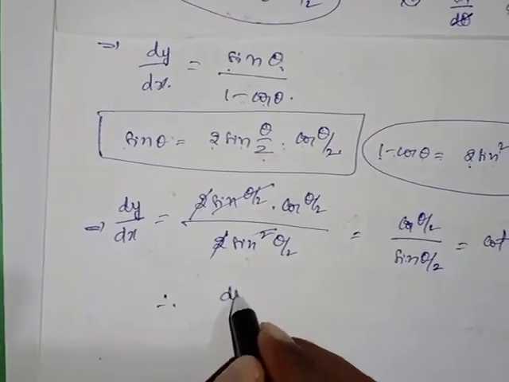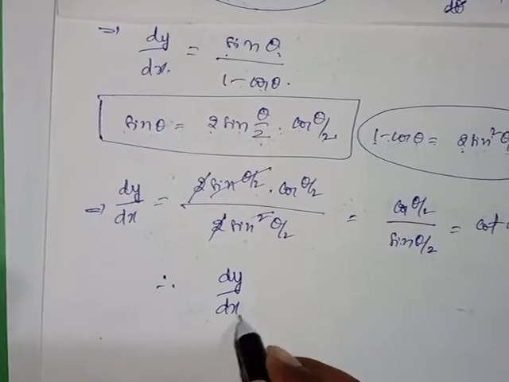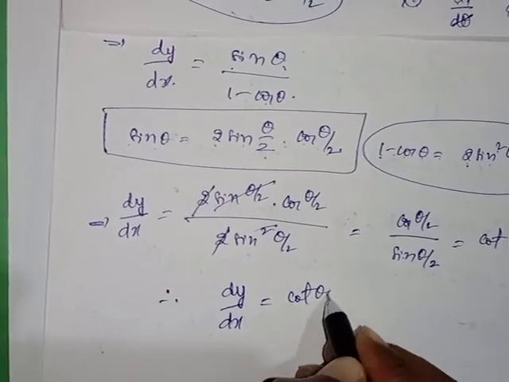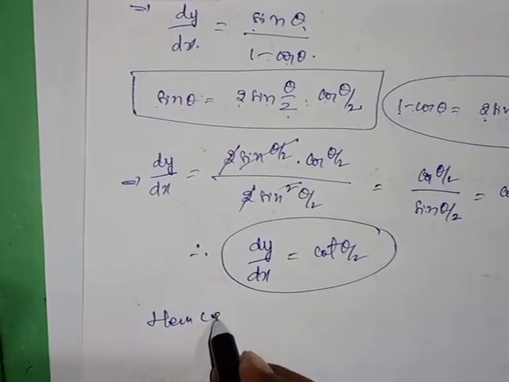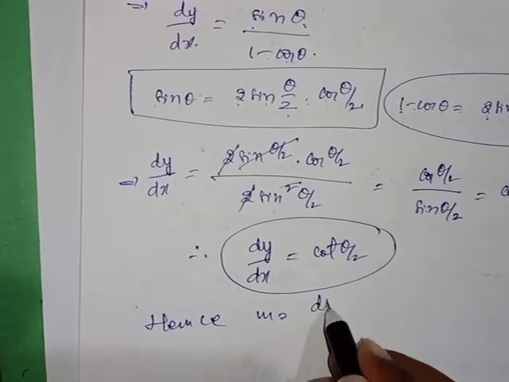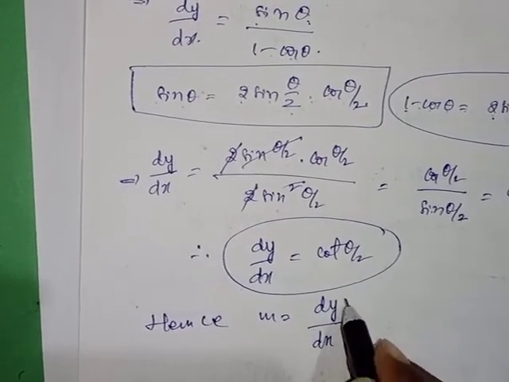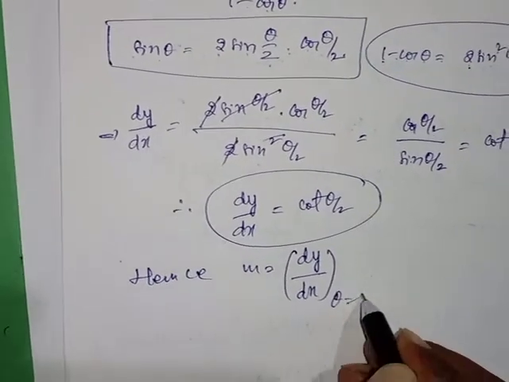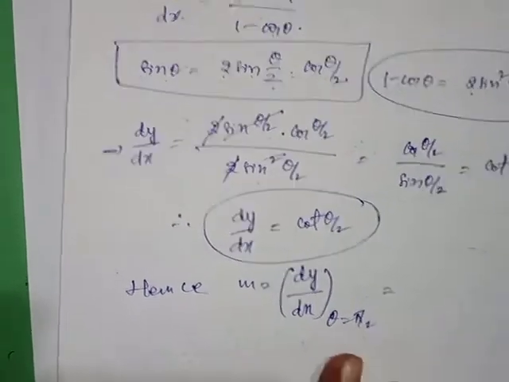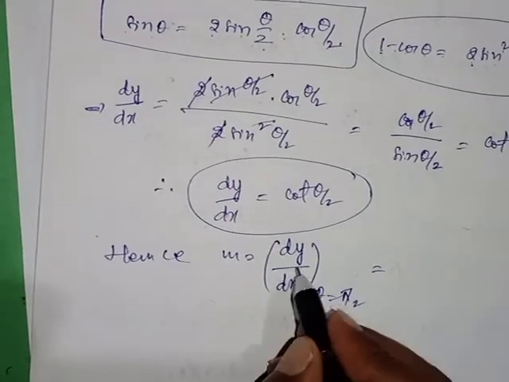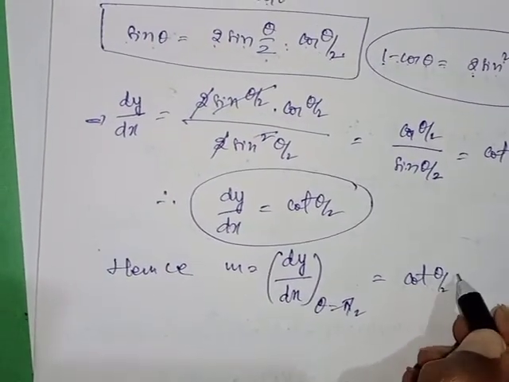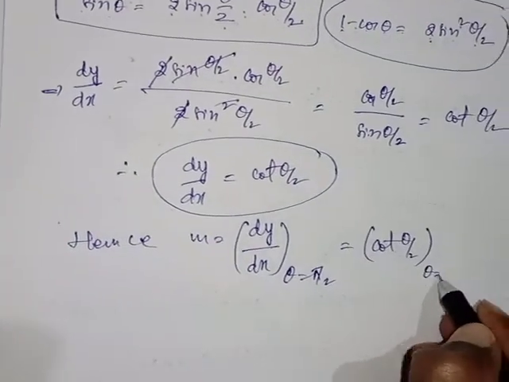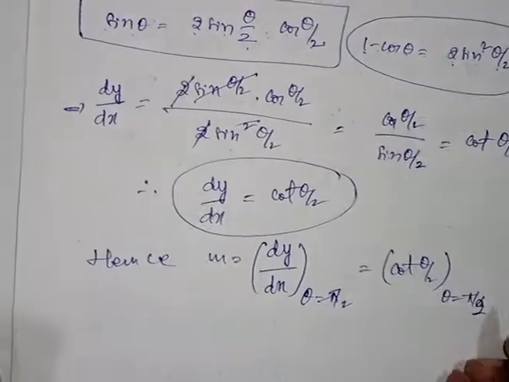Therefore dy by dx value is cot theta by 2. Hence m is equal to dy by dx at theta is equal to pi by 2, which is equal to cot theta by 2 at theta is equal to pi by 2.